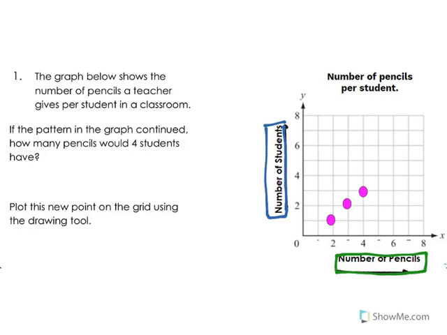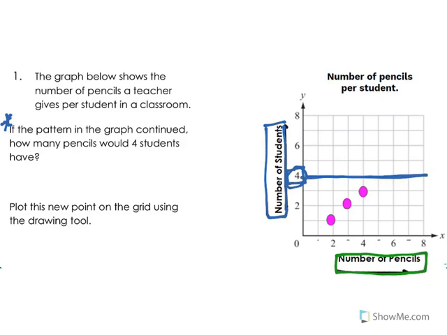All right, so let's read our first question here. If the pattern in the graph, so these ordered pairs, if the pattern in the graph continued, how many pencils would 4 students get? I want to know how many pencils 4 students would get, but I see that 4 students has not been graphed yet.